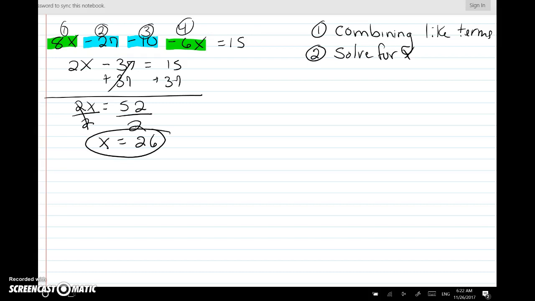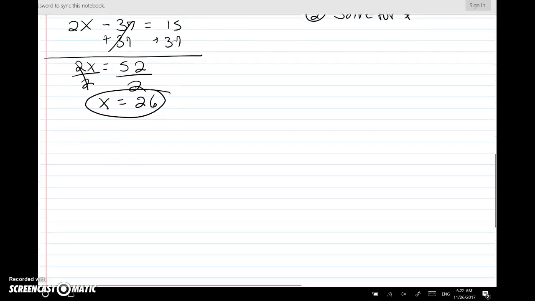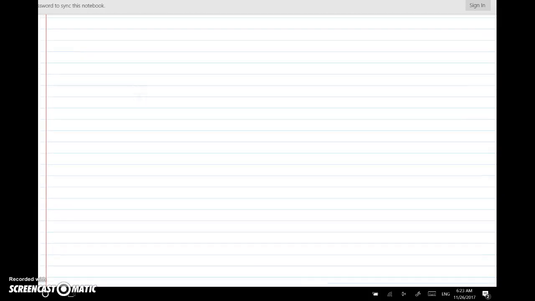Ready for some complicated ones? How about we try another combining like terms problem? Look at negative 19 plus 3x plus 11 plus 2x equals 2. Again, we're going to start by combining like terms.